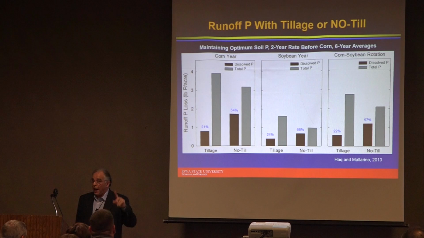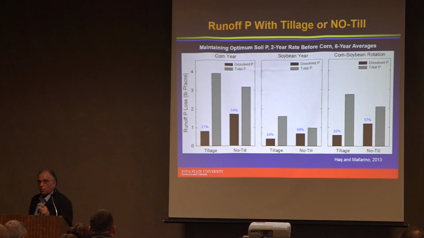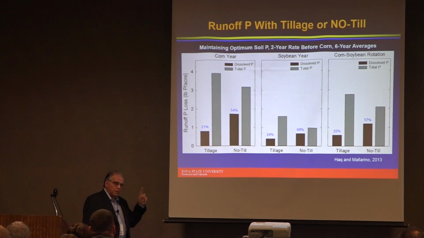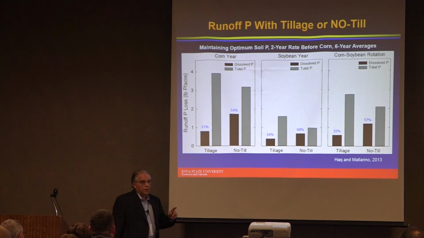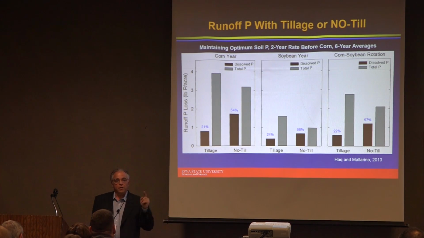Okay, soybean, I like soybean growers. I like the fact that soybean reduces the amount of nitrogen needed by the following corn. But soybean on sloping ground is a problem. We need to pay attention to that.